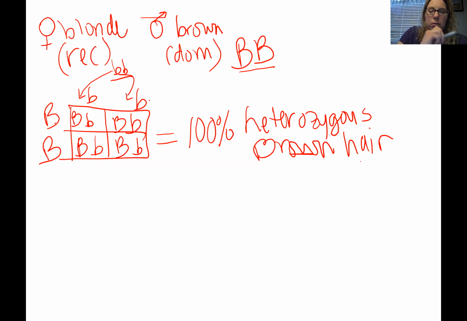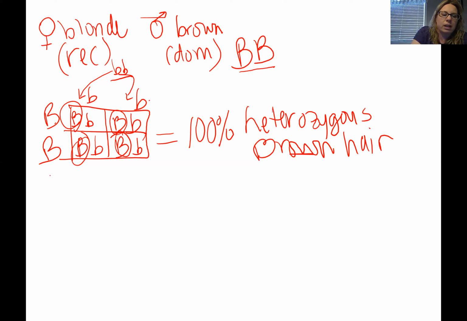Okay, because each possible zygote there is going to have one of the dominant alleles, which automatically gives them brown hair in this example, and each one of them is going to be a heterozygote.